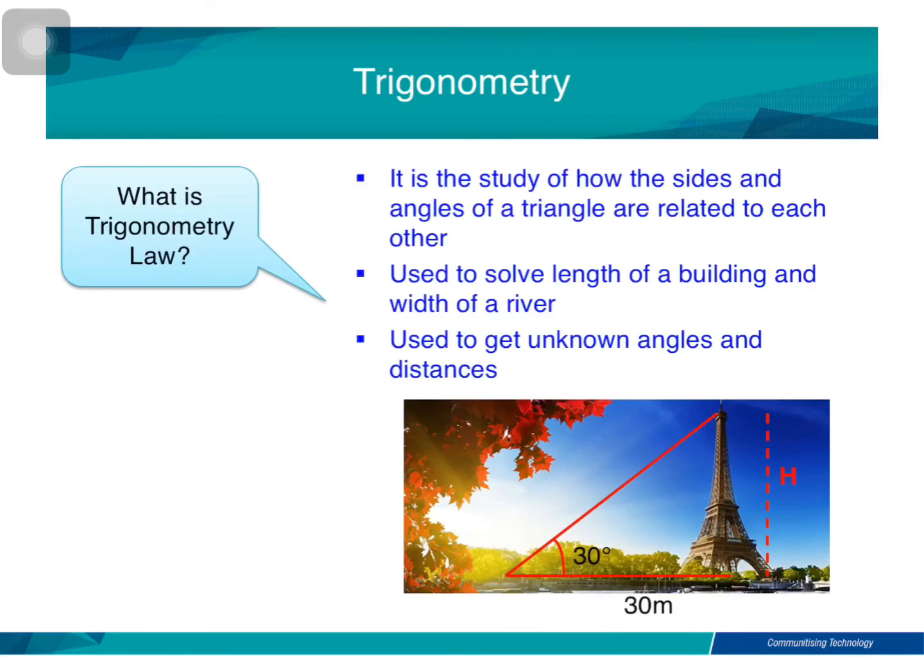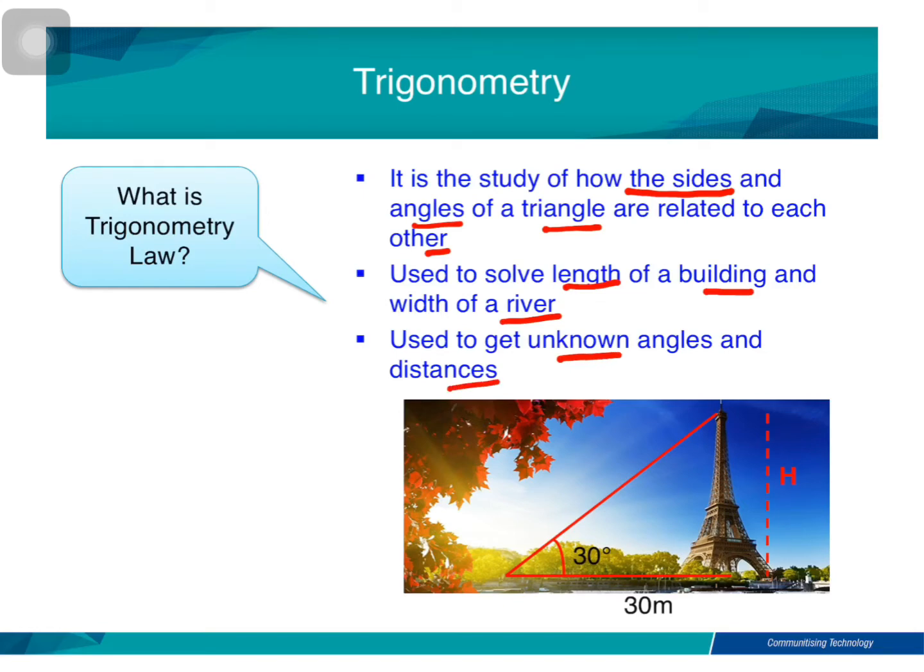So for this example, what is the trigonometric law? Trigonometric law is the study of how the sides and the angles of a triangle are related to each other. It is used to solve the length of a building and the width of a river, and also to get unknown angles and distances.